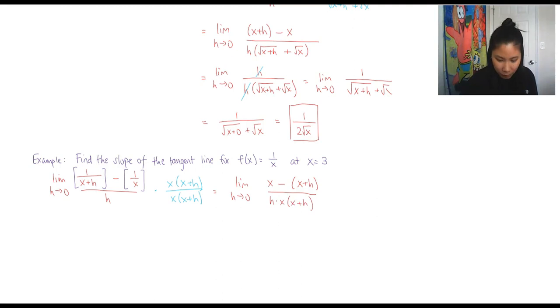Okay, let's simplify this. So on top, we can definitely simplify because we're going to have x minus x minus h when I distribute out that negative. And then, yay, things will cancel. Love it.